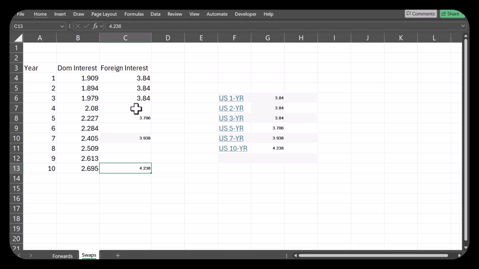I'll use the average formulas for these. This is going to be a little bit trickier. I'm going to have 2 times the 7-year rate plus the 10-year rate.